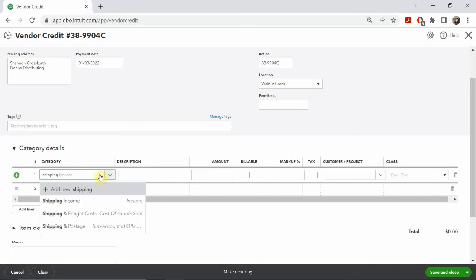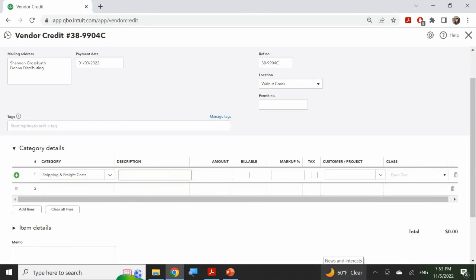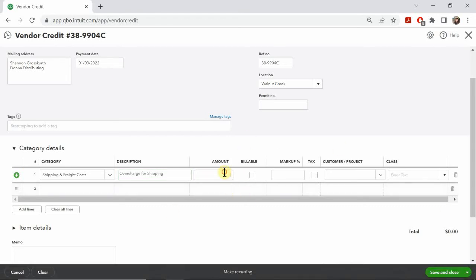So let's see, shipping and freight cost, which is a cost of goods sold. Okay, and here's the description, and this is for overcharge for shipping. Okay, and the amount is for $10. Okay, again, shipping is non-taxable, and once again, this is for the store.